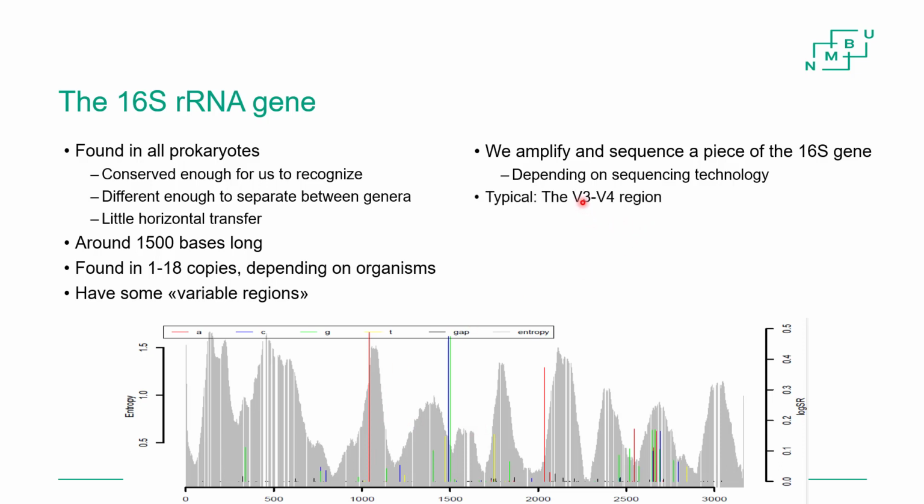And typically the V3 to V4 region, this part here, is most common to amplify, but there are also others, some down here and some up here. So this varies, but this is the most common choice, you could say. The point is, with Illumina sequencing, short reads, you cannot sequence the whole because then your reads don't cover the whole. It must be a piece that is short enough to cover by your reads.